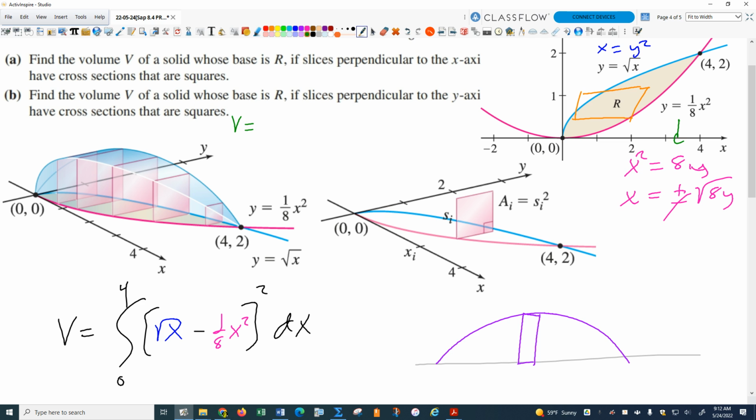We're just going to get volume equals the integral of pink minus blue squared, dy from where to where? 0 to 2, right?